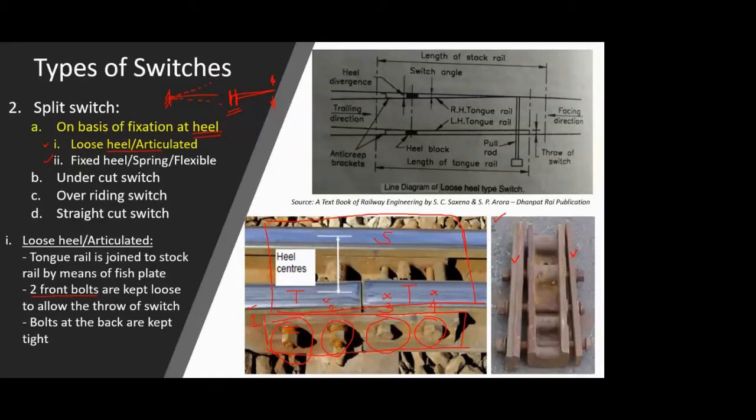So these are the fish plates, and then you have a tongue rail and stock rail inside. And if you see the assembly, these are the 1 and 2 bolts which are movable, and this is 3 and 4 which are fixed.